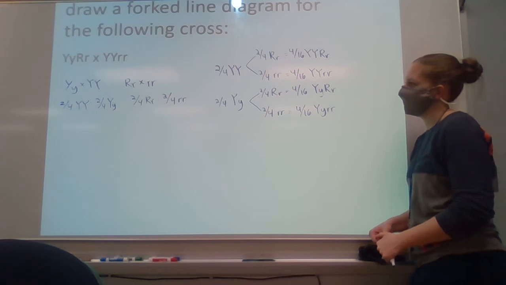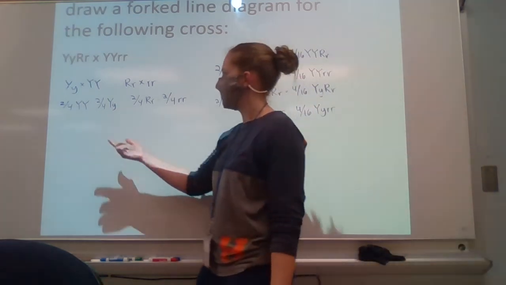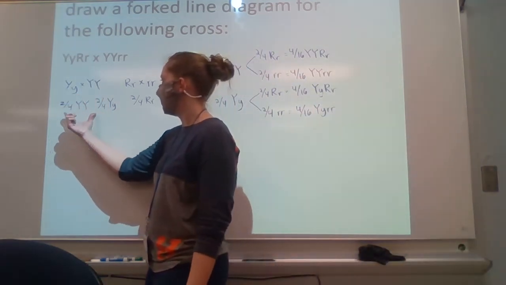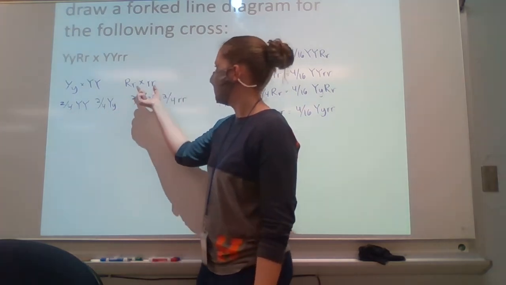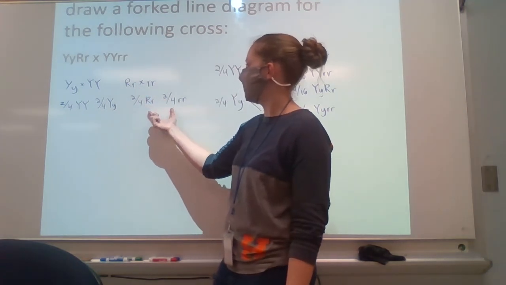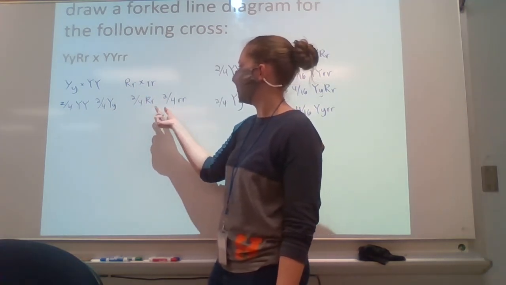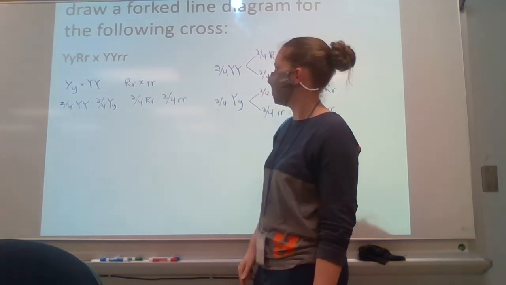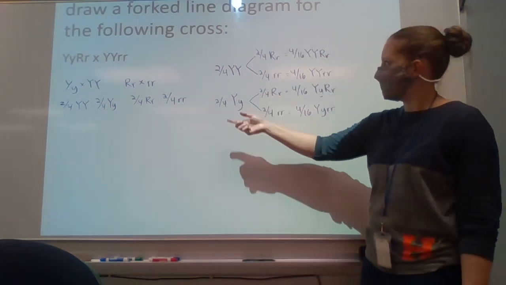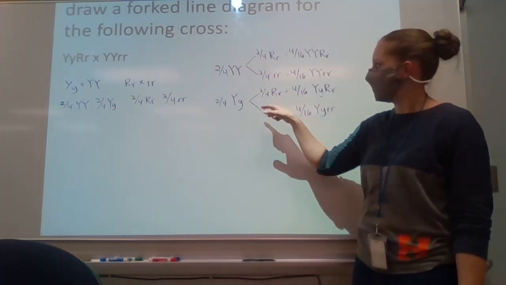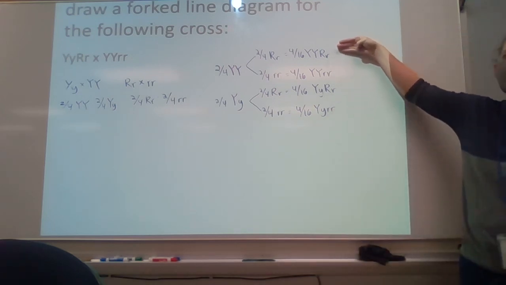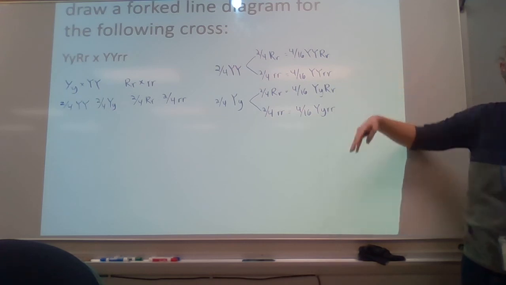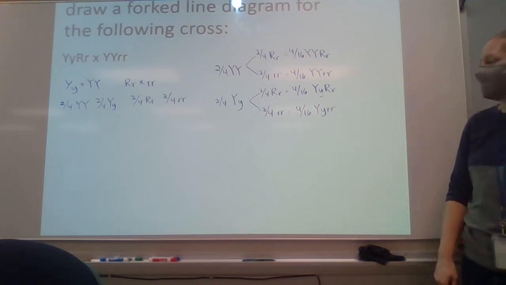So if you think about these individual traits, now there's a 1-to-1 ratio of genotypes for offspring here, either homozygous dominant or heterozygous. Similar for the R trait, half heterozygous, half homozygous recessive. So when you set those up, you multiply each one times each one, and you're going to end up with 4 different genotypes, 1 to 1 to 1 to 1.